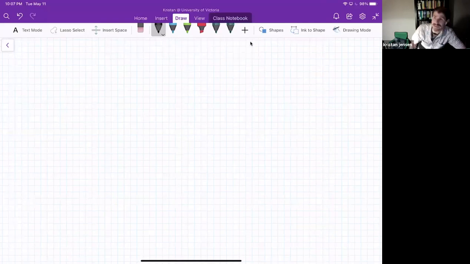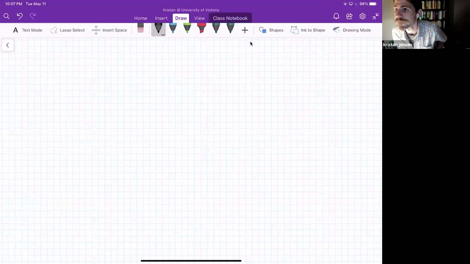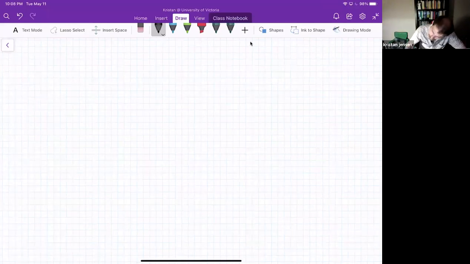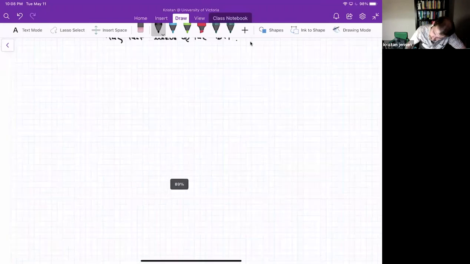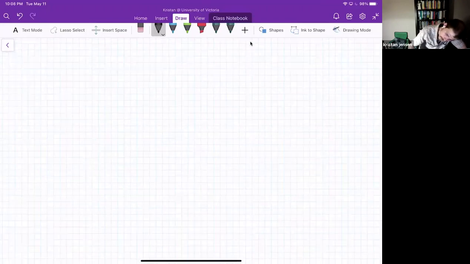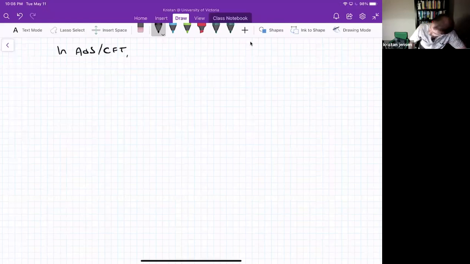In AdS CFT, this question of black hole microstates takes on a more refined meaning. So in AdS CFT, a black hole in AdS is dual to a thermal state of a dual conformal field theory.